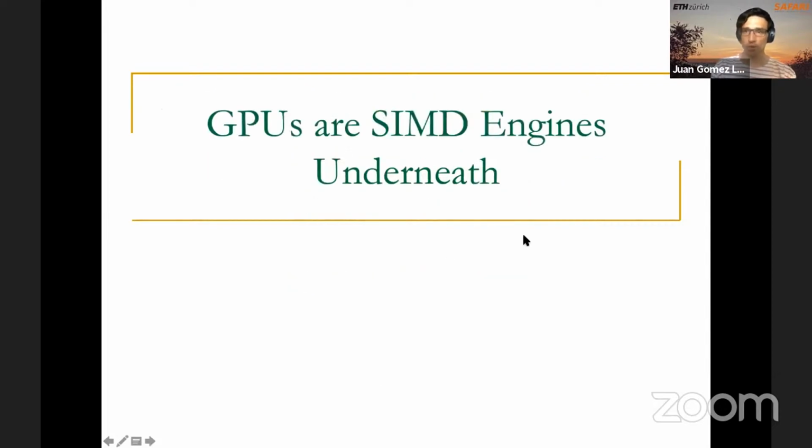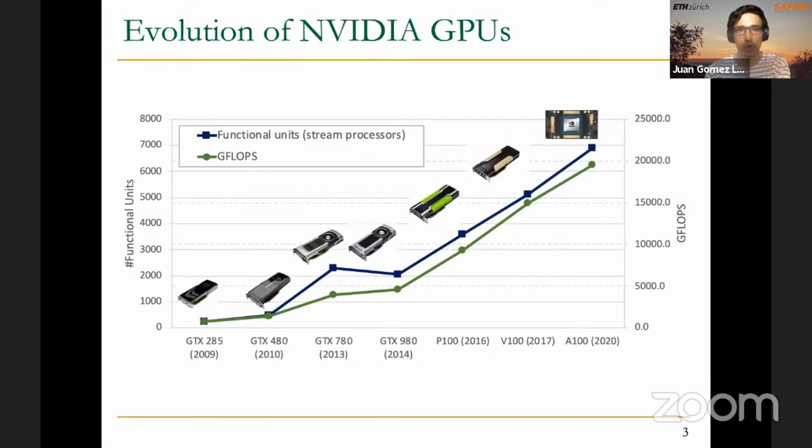So very briefly, let's recap on what we learned in our previous lecture. GPUs are SIMD engines underneath, as you may remember. Recall also this graph here, where we can see the amazing evolution that GPU hardware had in the last 12 or 13 years.